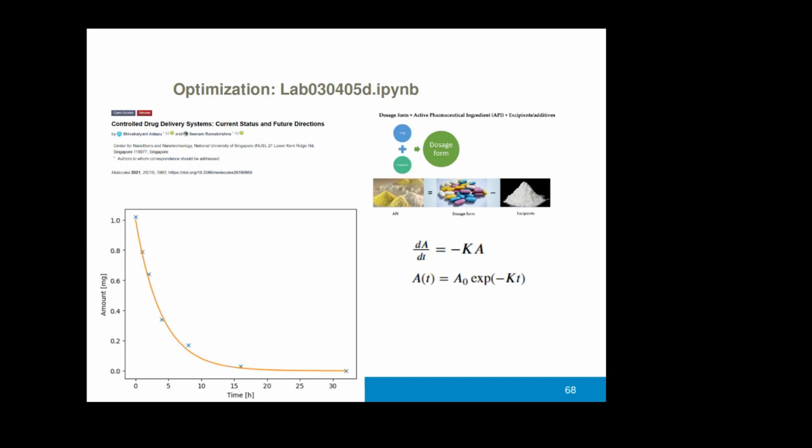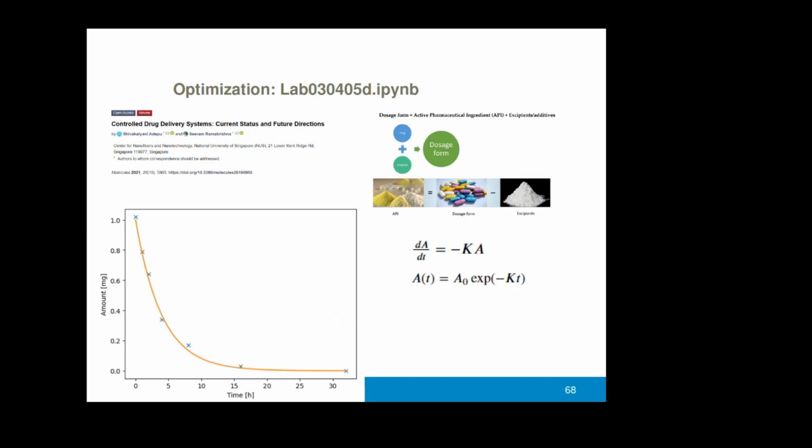Either you can describe it with a differential equation, or you can solve the equation. The equation is solved like this, and then you have a couple of parameters. So you have to look for K and the initial condition. The initial condition in this problem is 1 milligram.